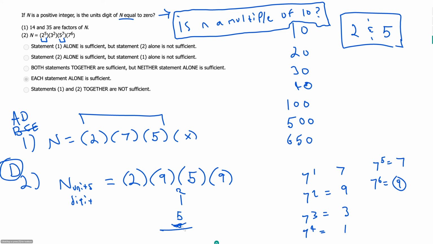So 5 times 2 times 1 should have a units digit of 0. And so again, that's still sufficient to answer yes to the original question, not our rephrased question. So either way, D is the answer.